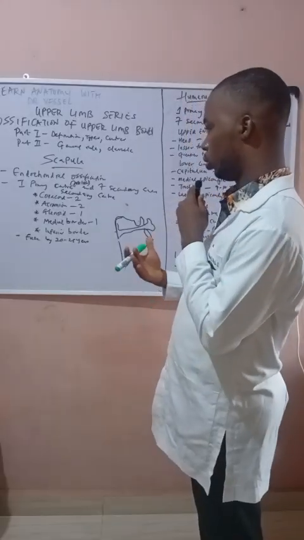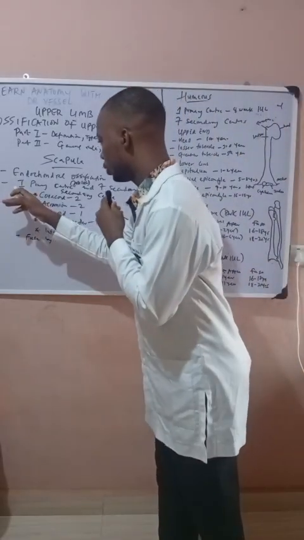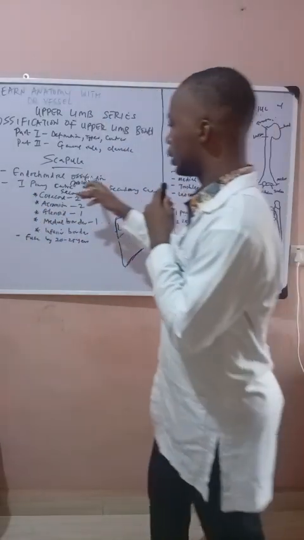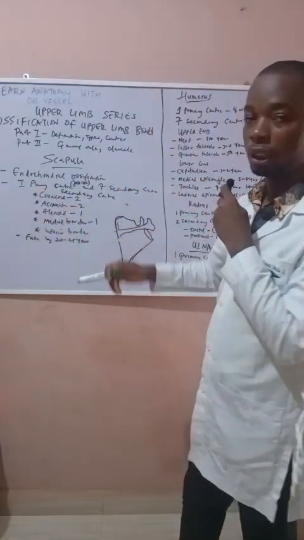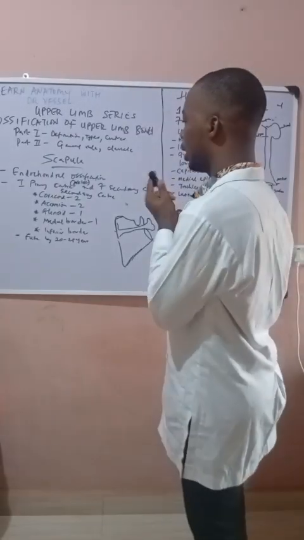Now I want you to notice that the total number of centers the scapula has is 1 plus 7, which is 8 centers.